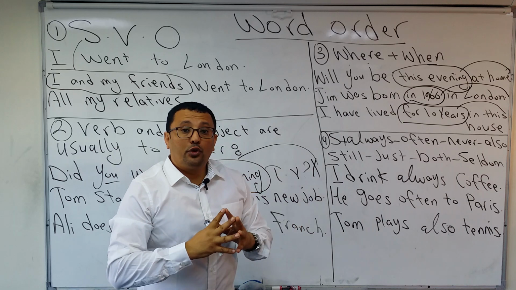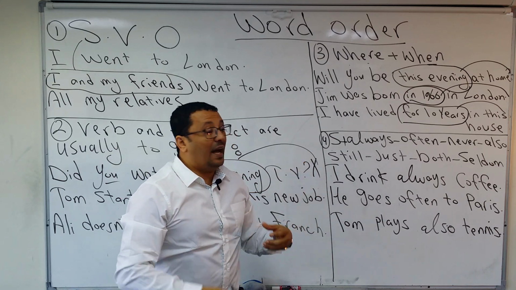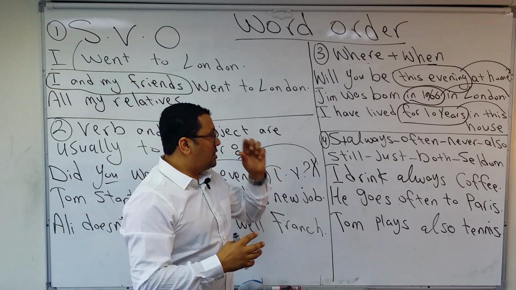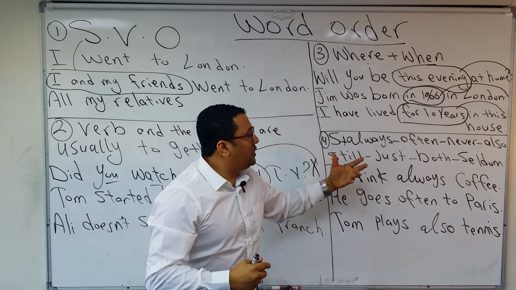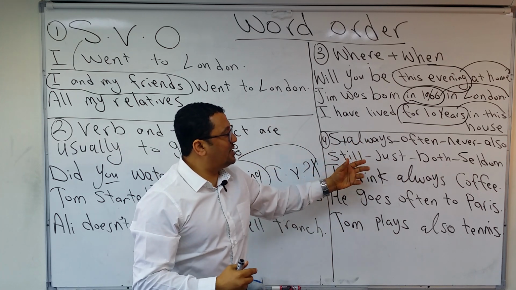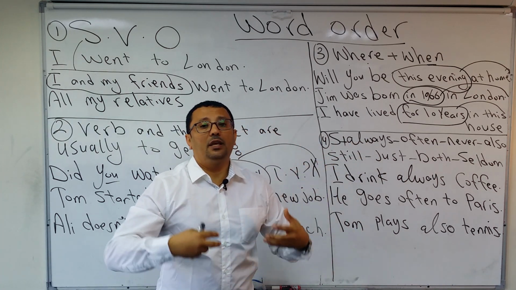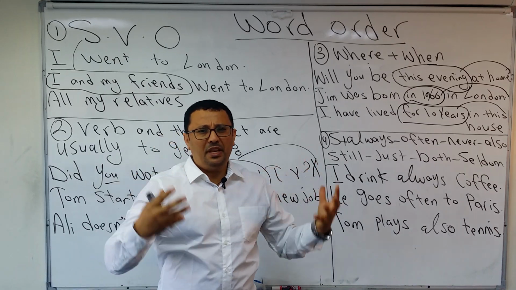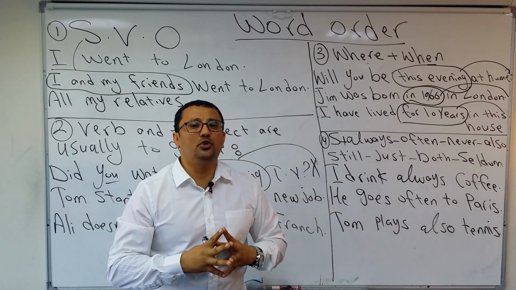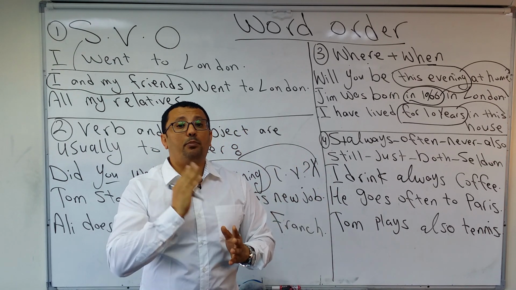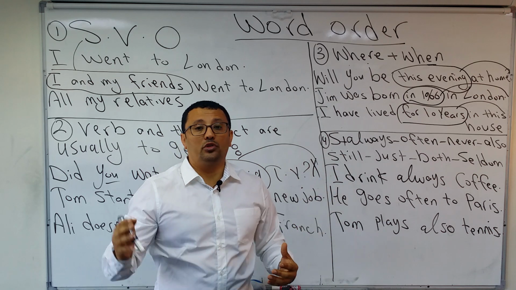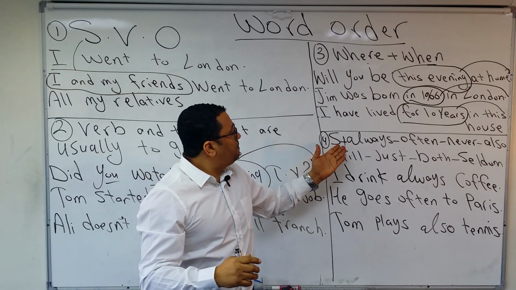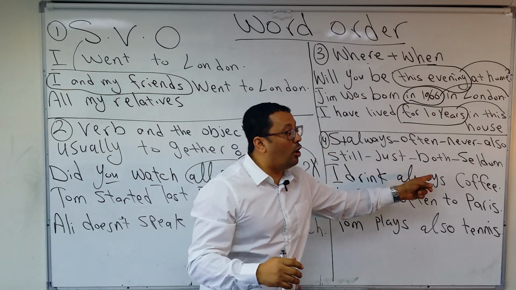The last point for today, we have some adverbs in the English language, such as always, often, never, also, still, just, both, seldom, rarely, sometimes, many adverbs. And many students make mistakes when they put them in the wrong order. For example, here, I drink always coffee.